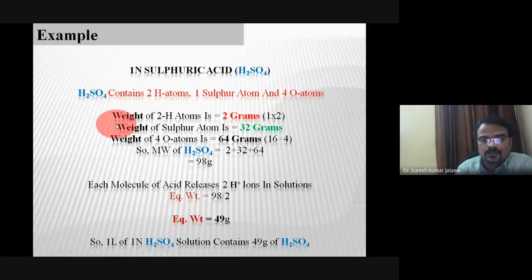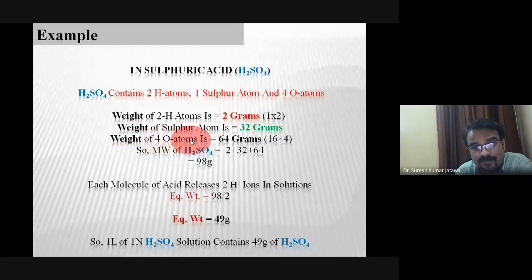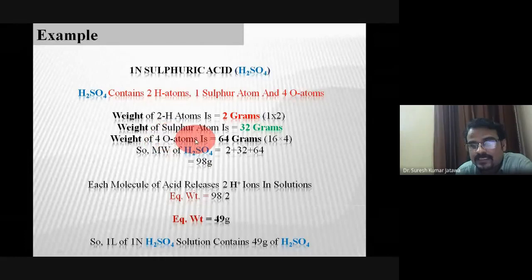So the weight of the 2 hydrogen atoms is 2 grams, 1 into 2. And the weight of the sulfur atom is 32 grams. The weight of 4 oxygen atoms is, because one oxygen atom's atomic weight is 16, and here we have 4, so 16 multiplied by 4 becomes 64.